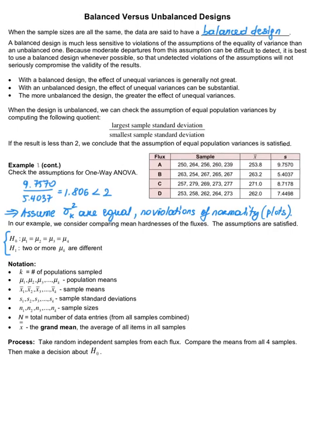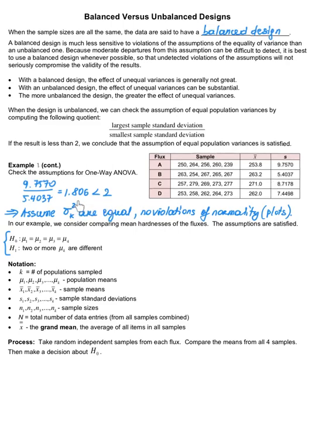If we return to our example, and for convenience I copied the same table to make it available here, we can check the assumption of equal population variances for the one-way ANOVA by taking the highest standard deviation of 9.7570 and dividing it by the smallest standard deviation of 5.4037.